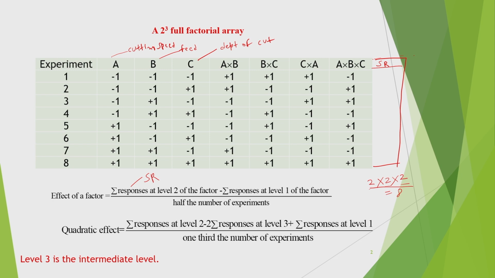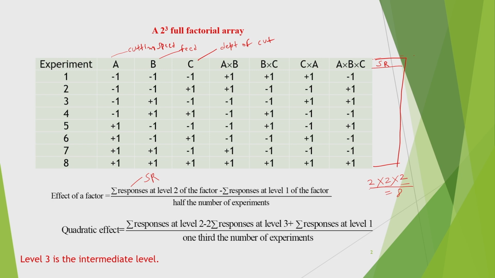Similarly, we say C into A, that means interaction effect of C and A. And the interaction effect of the combined thing A, B, C. So suppose all are low, that is -1, and when two are low and one high, that also is +1, like that we have done.